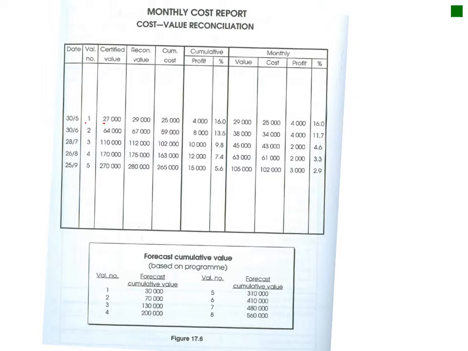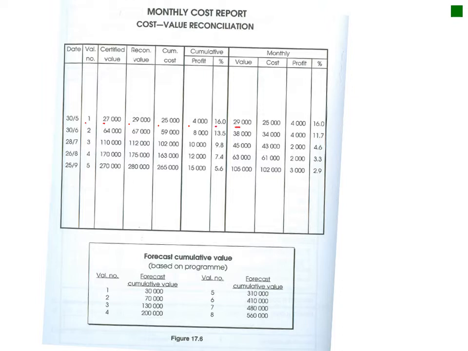Your reconciliation value, your cumulative costs, and then your cumulative profit is actually your 29,000 minus your cumulative cost, which is 4,000, and then your percentage is 16%.